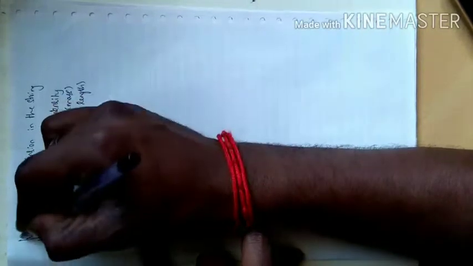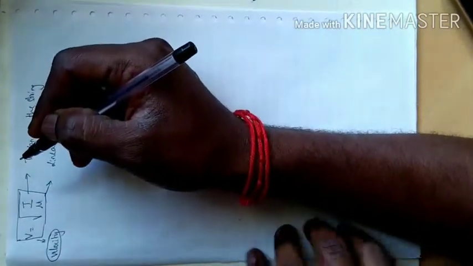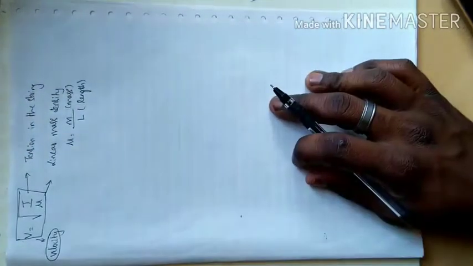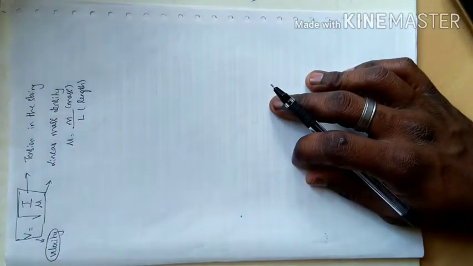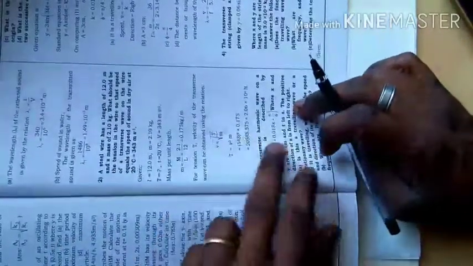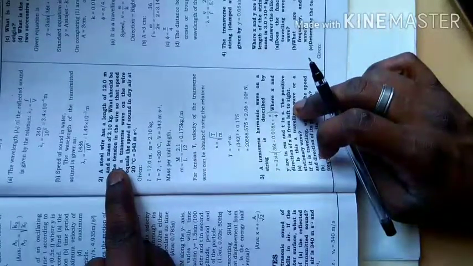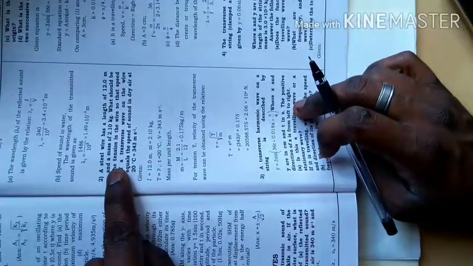Based on this method, let us discuss one problem and then we can move on to the next method which is discussed in your syllabus. Now going to page number 309, this is a worked problem. A steel wire has a length of 12 meter and a mass of 2.10 kg.